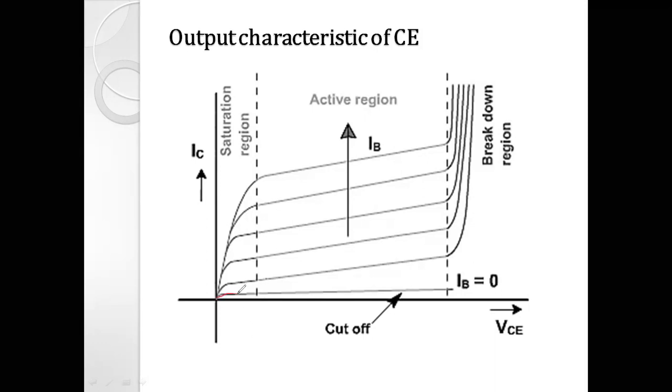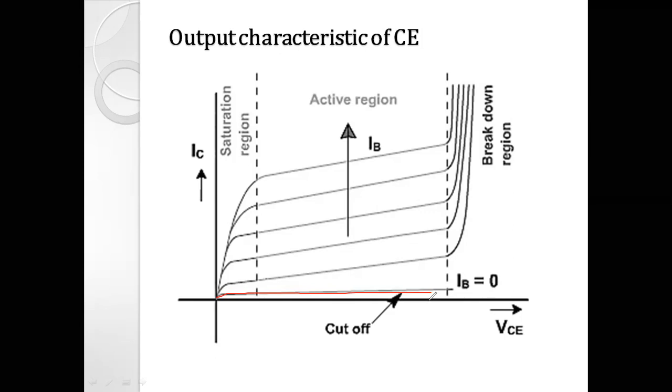Here you can see that the first curve is for IB equal to 0. When the base current is 0, the relation between IC and VCE is somewhat like this. When IB increases, then IC also increases for the same value of collector emitter voltage, right?